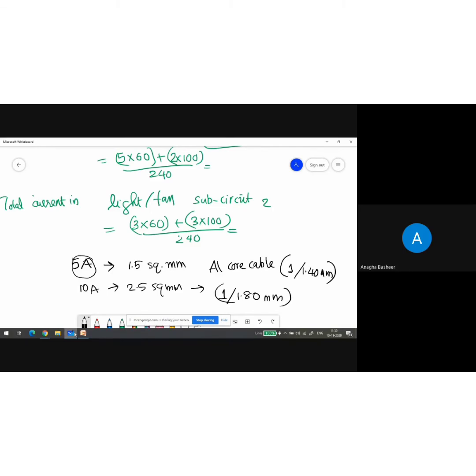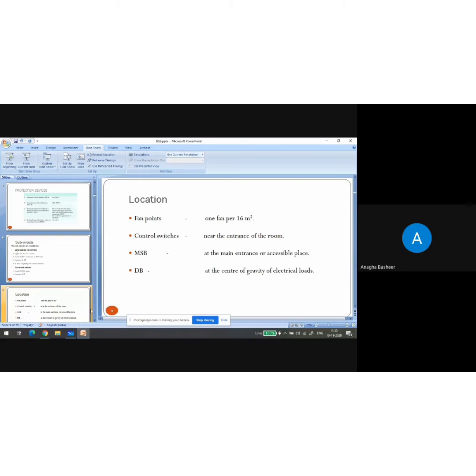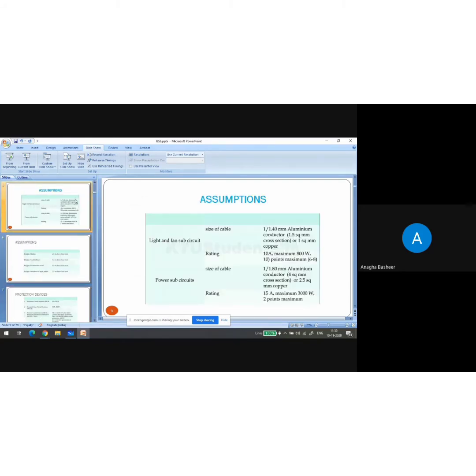From where you got these values, we have discussed at the beginning of this module. Yes, size of cable. See, size of cable is 1.5 square mm for power subcircuit, if it is 15 ampere.